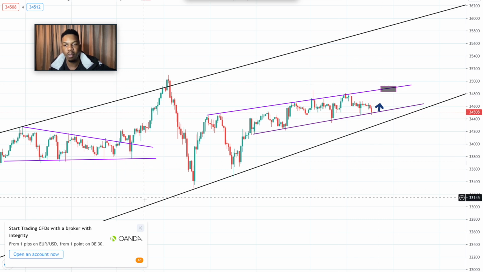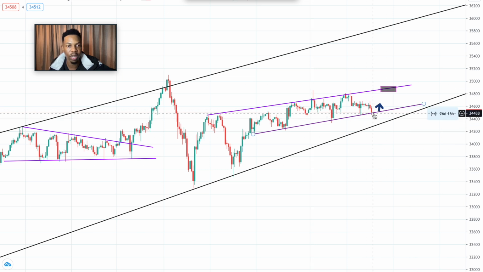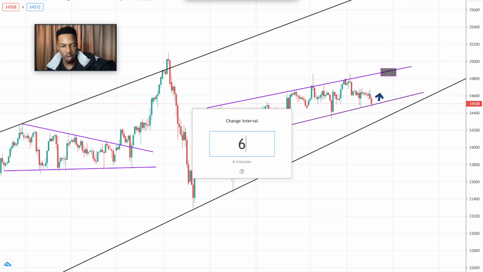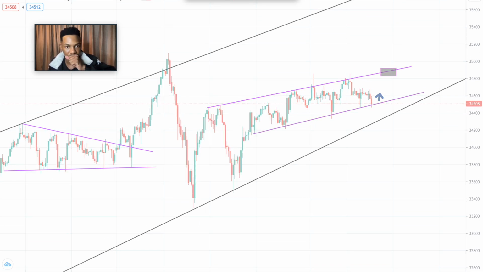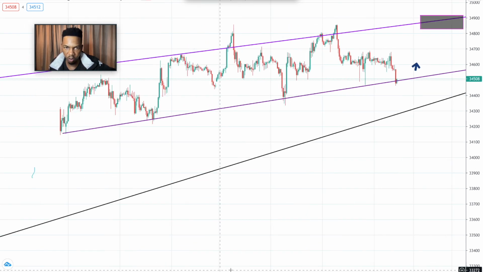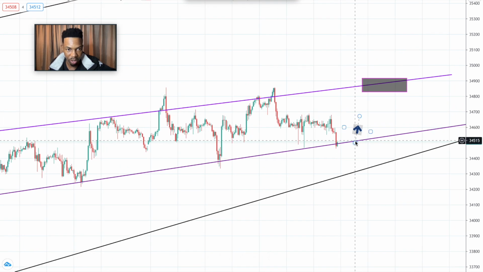I'm just hoping we're still in an uptrend over the long run, because if we break here, we're gonna sell until we make our way to the trend line here. If we break this structure, then we go to the 16 minutes time frame, which is the 1 hour chart.